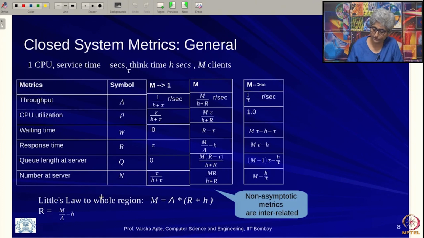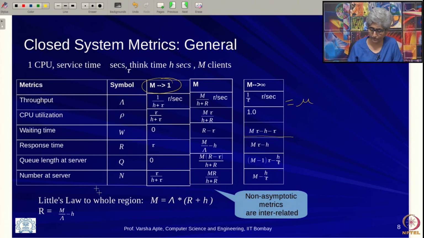So, here we have whatever I wrote earlier, 1 over h plus tau, tau divided by h plus tau, 0 waiting time, response time equal to service time, n is equal to tau divided by h plus tau. This is for the low load asymptote, and the high load asymptote we did all these calculations where we had throughput is equal to 1 by tau, which is equal to mu, CPU utilization as 1, waiting time was m tau minus h minus tau.